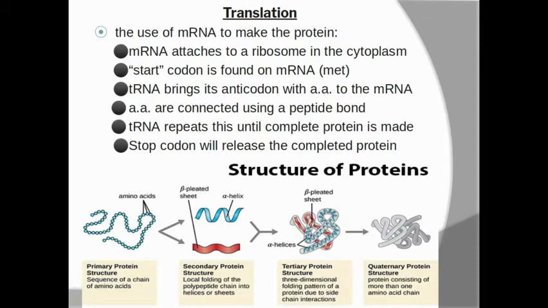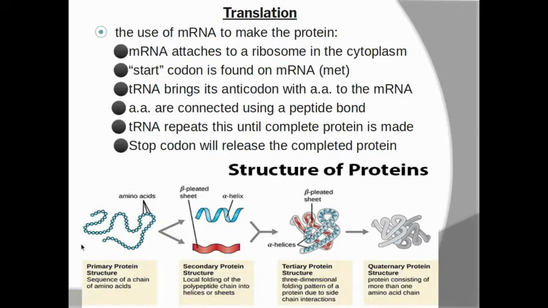This grouping of three bases will tell the ribosome the protein is done, snip it off, and release it. And that protein is actually going to have a pretty complicated structure.